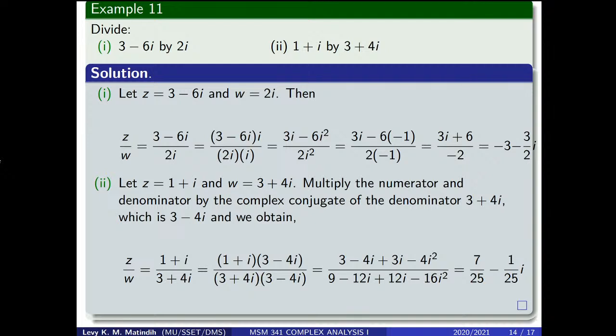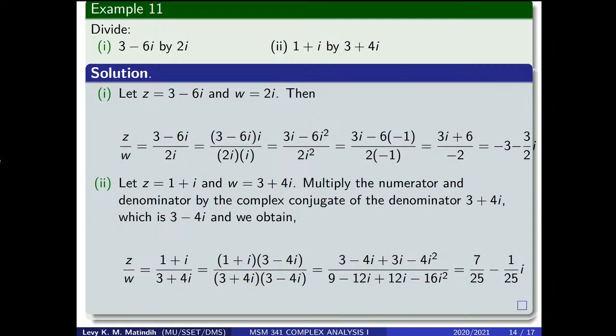So when you multiply both the numerator and the denominator by i, 2i times i gives us 2i squared, and 3 minus 6i multiplied by i gives us 3i minus 6i squared. Now, remember, the square of i is equal to -1.